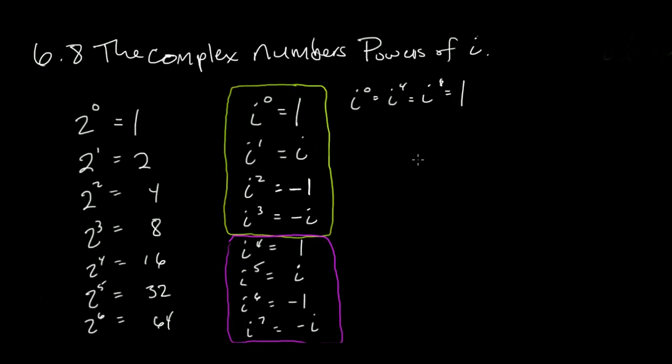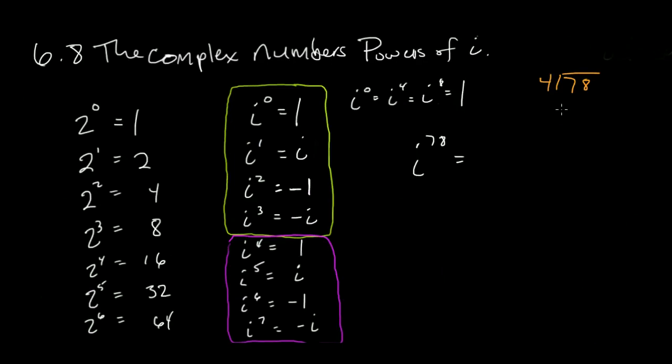So if I were to take i to an arbitrary power, say the 78th power, and try to figure out where it's going to land on that phase, the quick and dirty way of doing that would be to take the number 78 and divide it by the total number of phase values I have, which is 1, 2, 3, 4 different phase values.